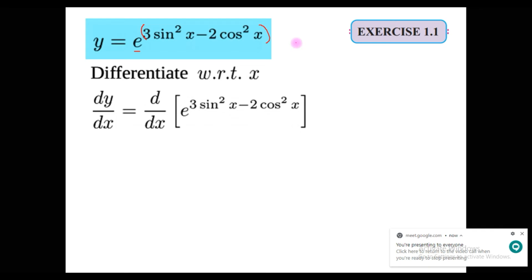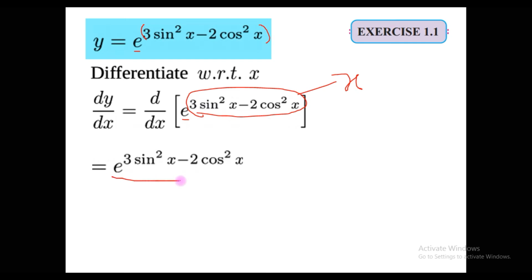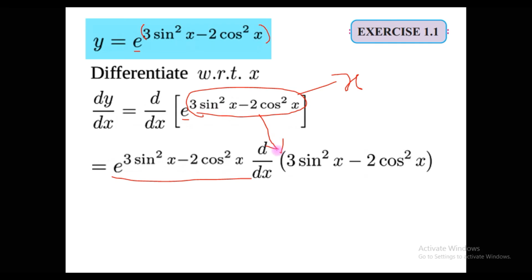Now first thing we'll do is find the derivative of e to the power x. I treat this whole thing as x. E raised to x, the derivative of it is the same, means this part is the same, and then we will multiply with the derivative of this part, d by dx of this innermost function.